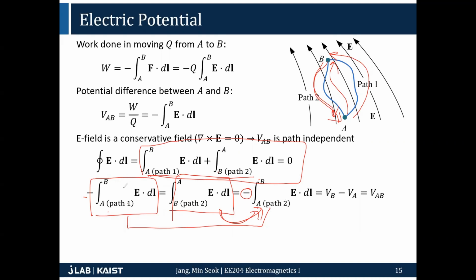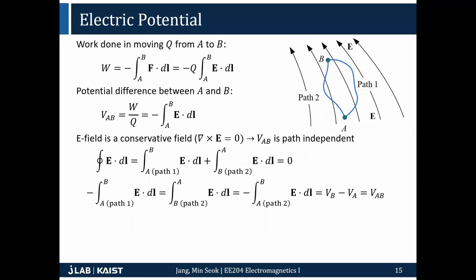So no matter which path you choose, your potential difference is defined uniquely, right? So this becomes a useful figure. Please ask any question if this is unclear.